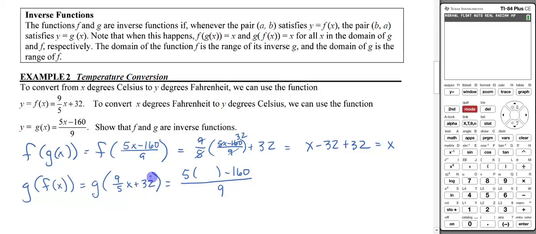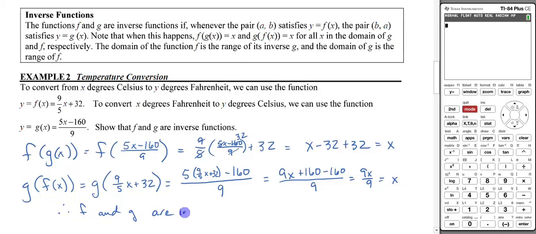So I'm going to put my new input, which is the f function 9/5 x plus 32, and simplify from there. 5 times 9/5 x is 9x. 32 times 5 is 160. Then I have the minus 160 there and the 9 on the bottom. That gives me 9x over 9, which is x. Therefore, f and g are inverses of each other.